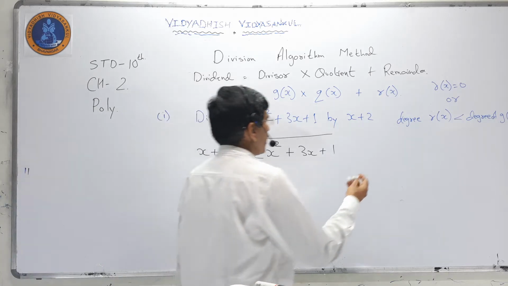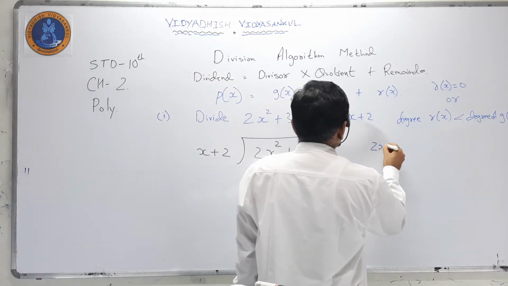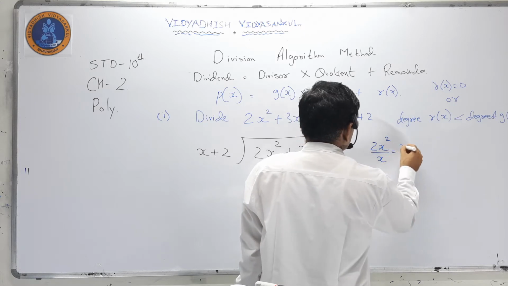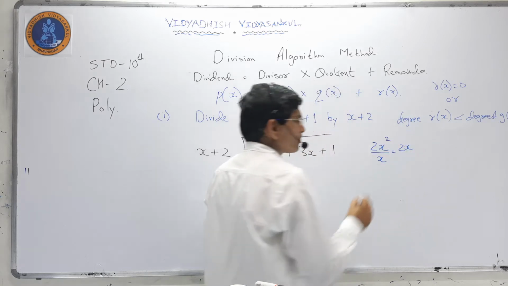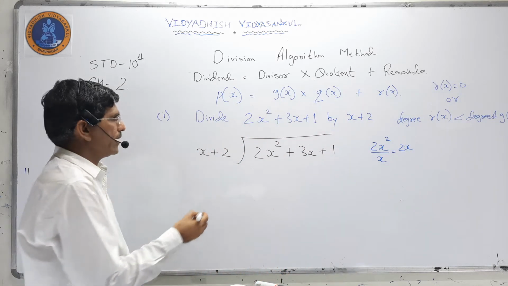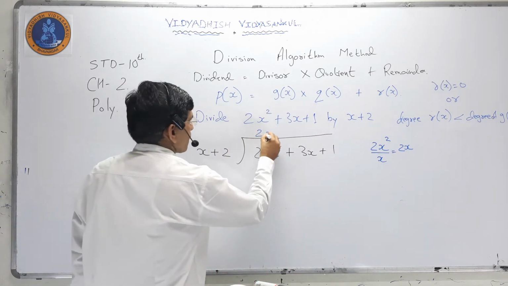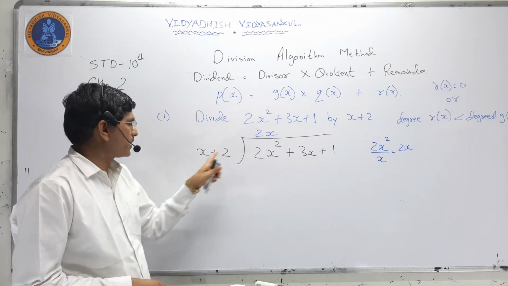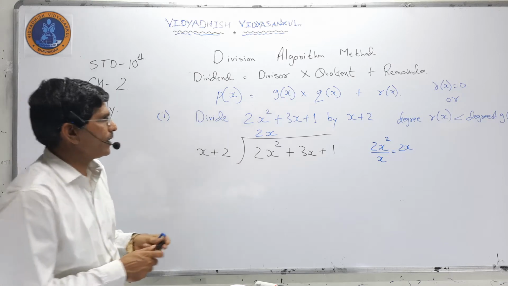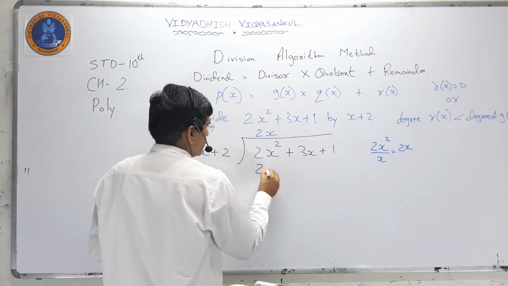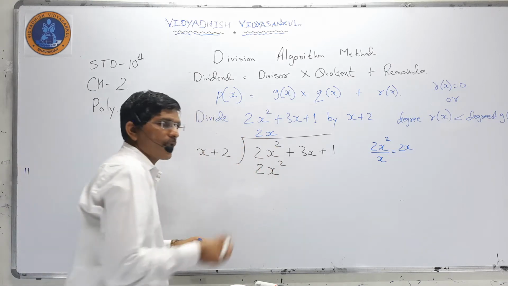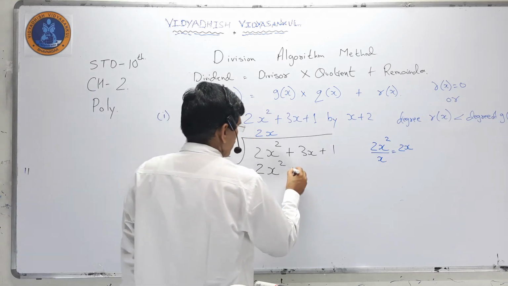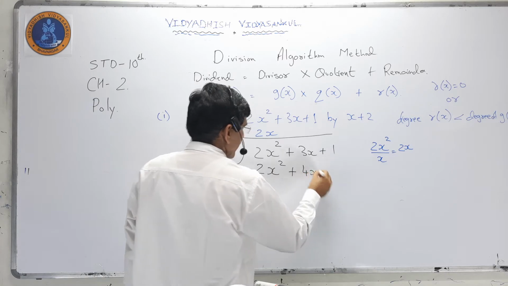Initially, the first time, we write it like this: that is 2x. Now this 2x I have to write here. Now open the bracket: 2x multiplied by x, I get 2x square. Again 2x multiplied by 2, that is plus 4x.